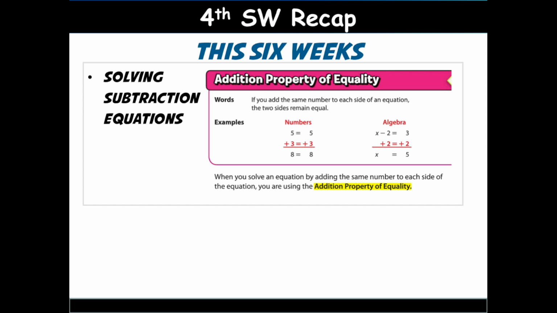And that makes it go away, and it leaves your variable all by itself. But you do the inverse on the other side as well, and you're left with 5. So in other words, x equals 5. If you're iffy on this, go ahead and substitute that 5 where x belongs, and check it out, it works. 5 minus 2 is 3. It's a good way to test your variables.